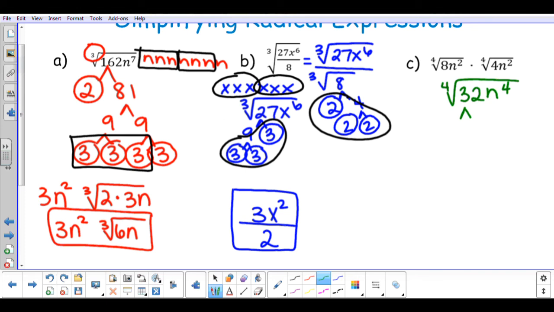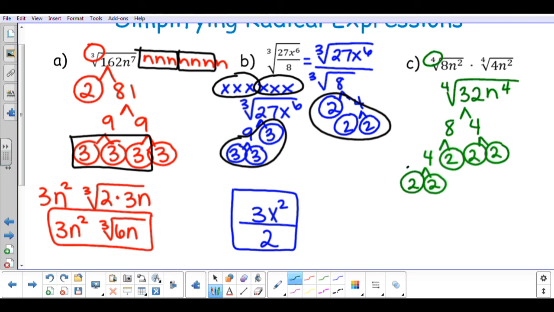Factors of 32 are 8 and 4. Factors of 8 are 4 and 2. Factors of 4 are 2 and 2. My remaining 4 is going to break up into 2 and 2 as well. So since I have an index of 4, I need a group of 4 2s.